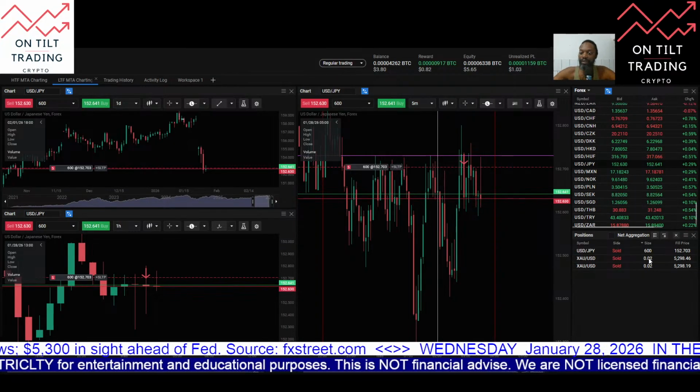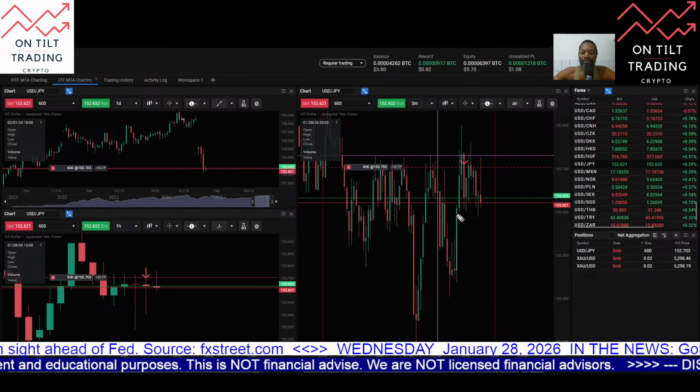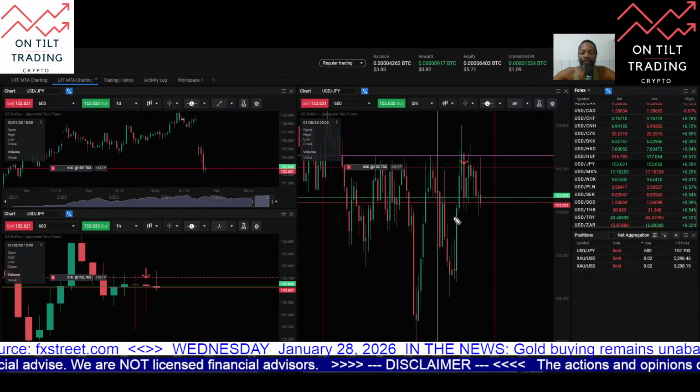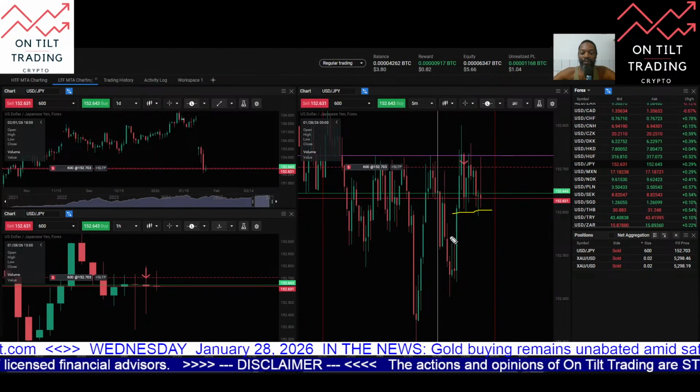There's also a bullish fair value gap, which is likely why price redelivered to the buy side aggressively.